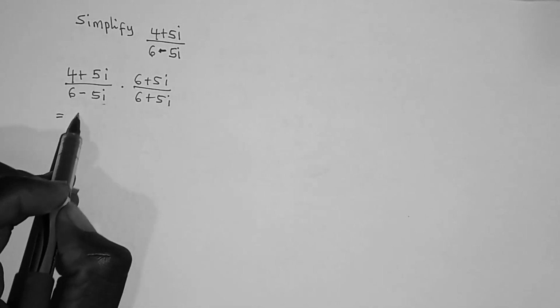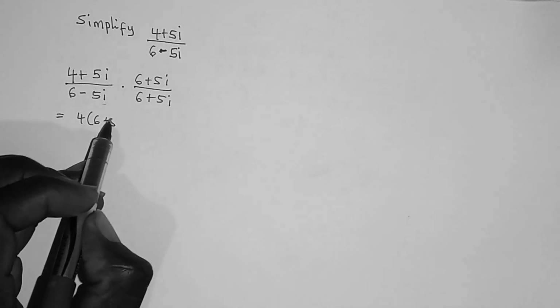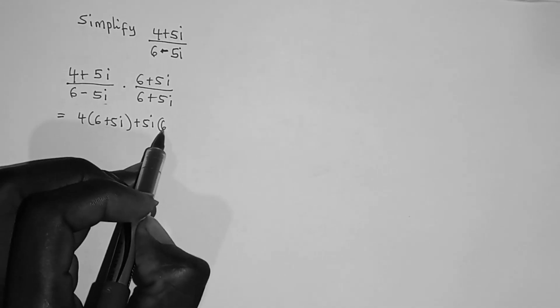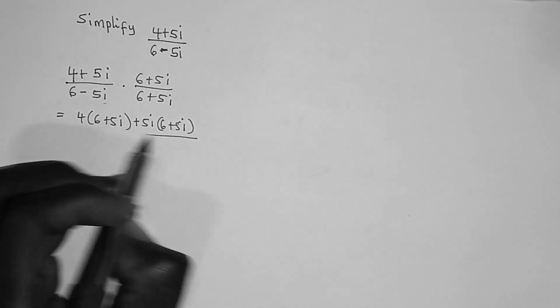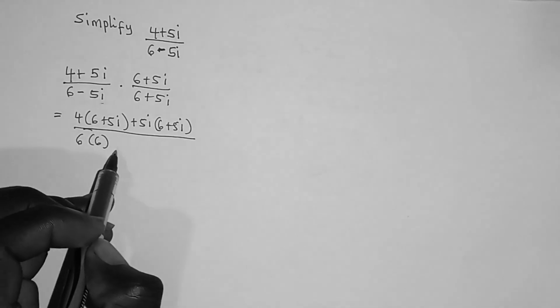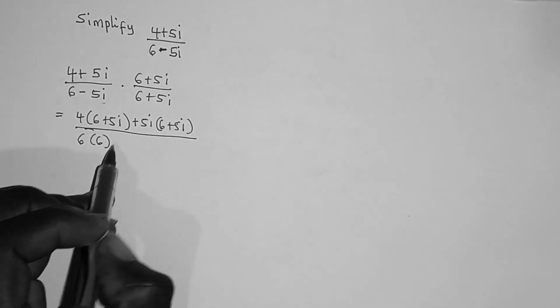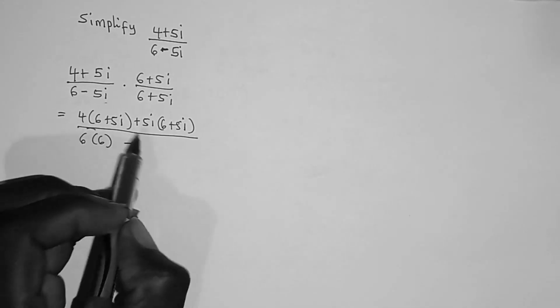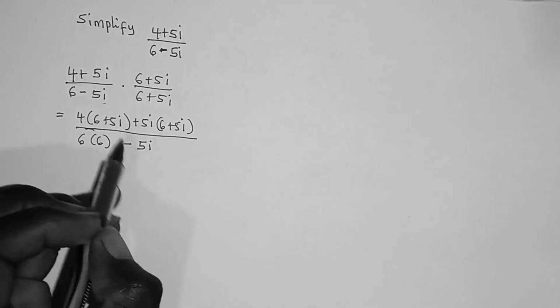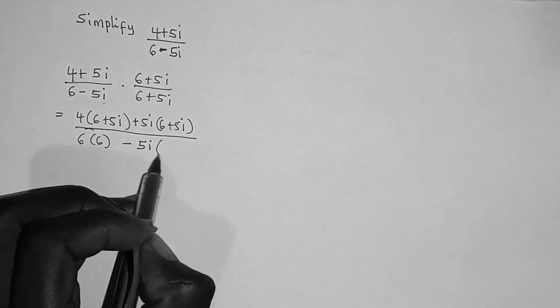And this is equal to 4 times 6 plus 5i, then plus 5i times 6 plus 5i, divided by 6 times 6, then because this is difference of two squares, then minus 5i times 5i.